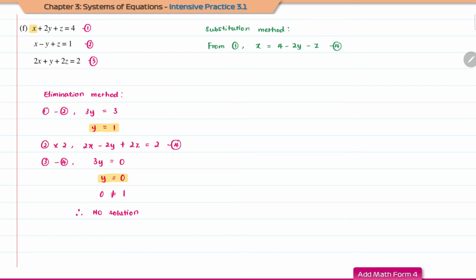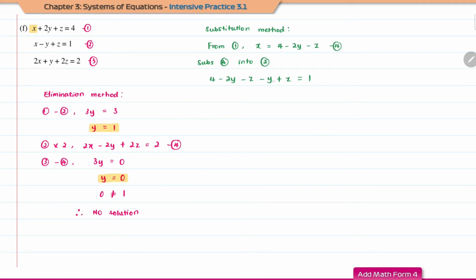So this is equation number 4. Then I'm going to substitute it into equations 2 and 3. So the first one is to substitute 4 into 2. So x is 4 minus 2y minus z, minus y plus z, equal to 1.